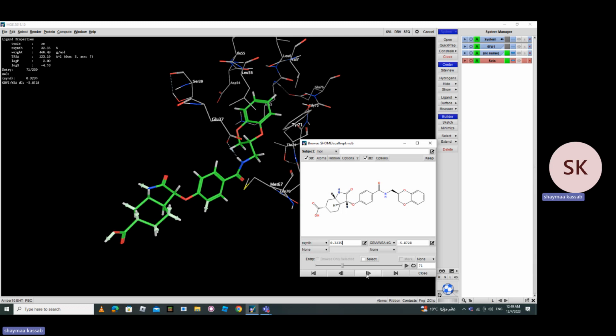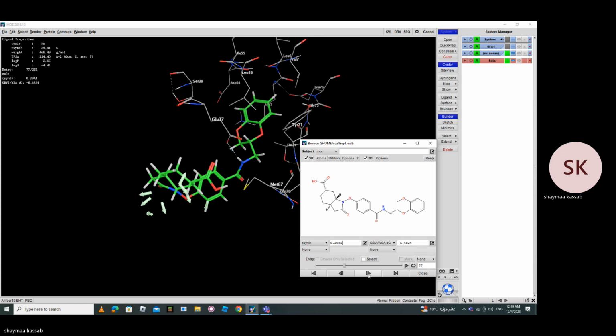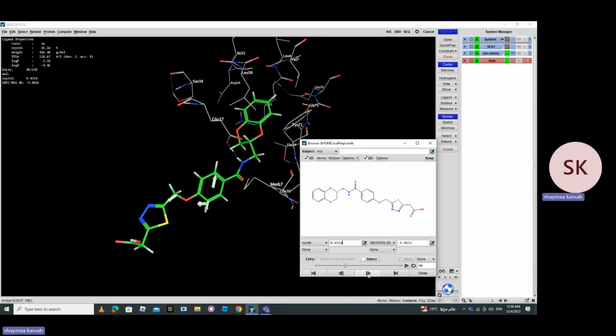I think upon checking more, or browsing more filters, you will see nicer bonding forces or binding patterns with the developed compounds.